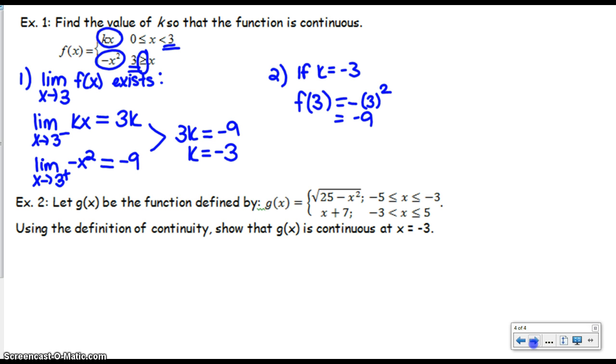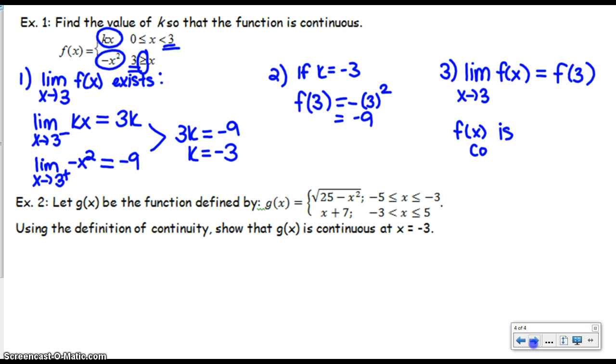So if the limit equals negative 9 and the function value equals negative 9, we know that the function is continuous. So f of x is continuous if k is equal to negative 3.